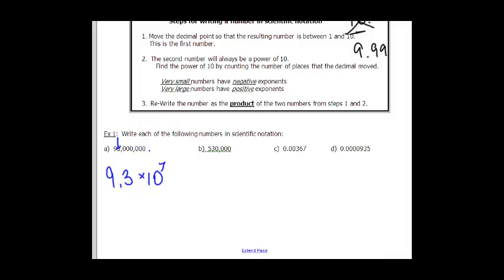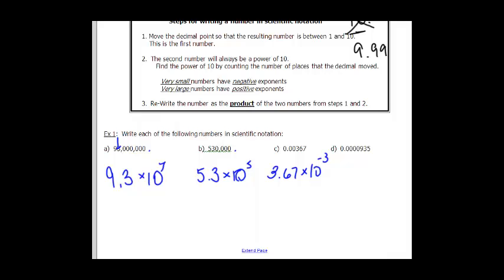The second number, again, has a decimal point at the end, and so in order to create a number between 1 and 10, it's going to be 5.3, and how many places did we move that? 5 places. The third example is a very small number, so to create a number between 1 and 10, it would be 3.67. We moved it 1, 2, 3 places to get there, so that's going to be 10 to the negative 3 power.